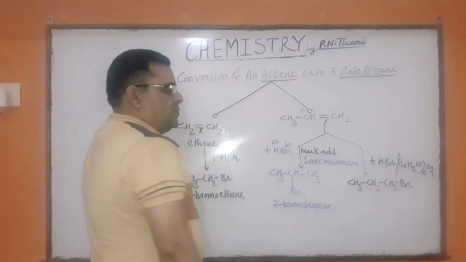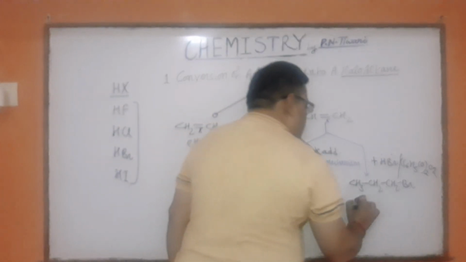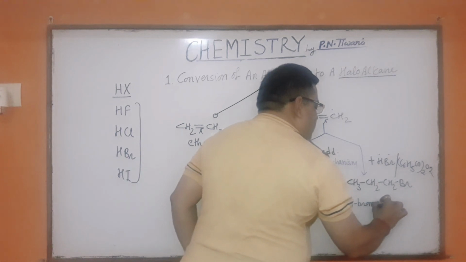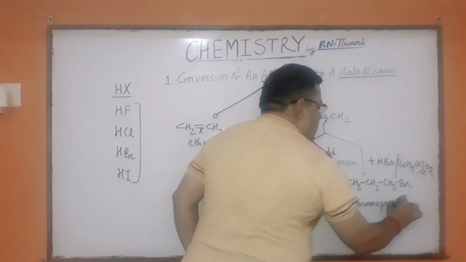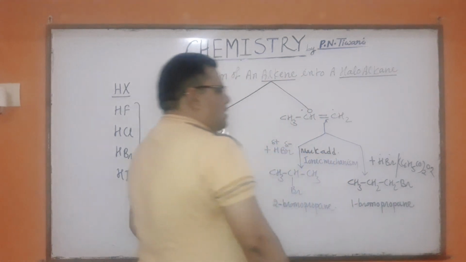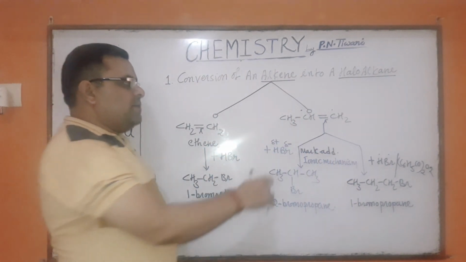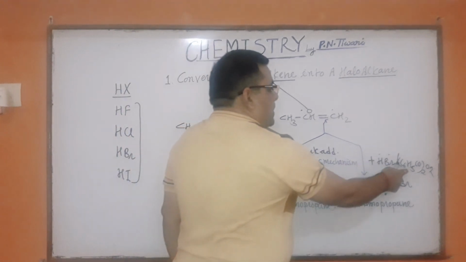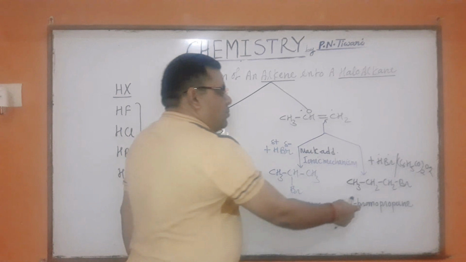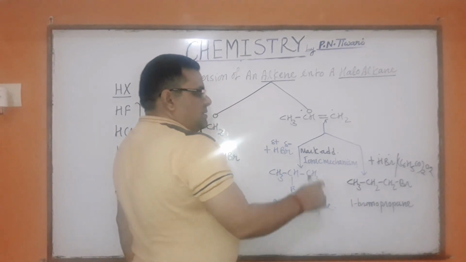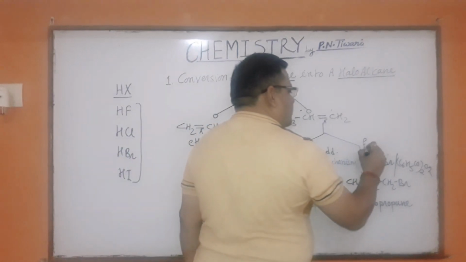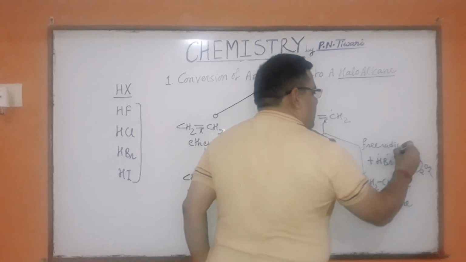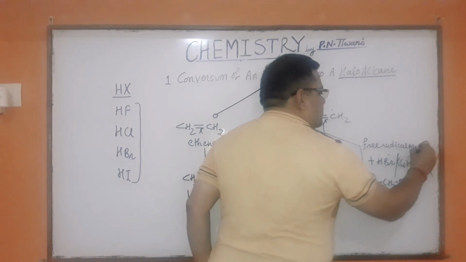And what is the IUPAC name of this haloalkane? It is 1-bromopropane. So if HBr is added to propene in the presence of any organic peroxide like benzoyl peroxide, then 1-bromopropane is obtained as the major product, and this conversion takes place according to free radical mechanism.